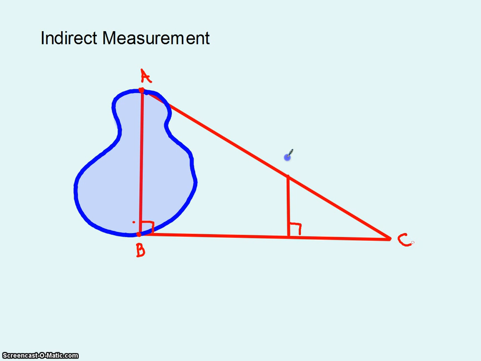Let me put C and D and E. And what I want to claim is that this triangle here, CDE, is going to be similar to triangle CAB. So these two triangles are similar.